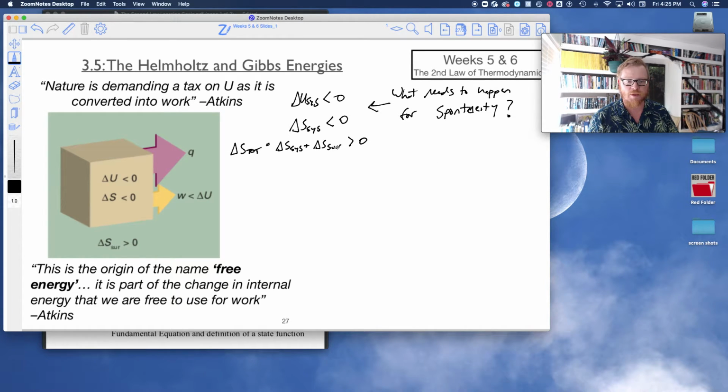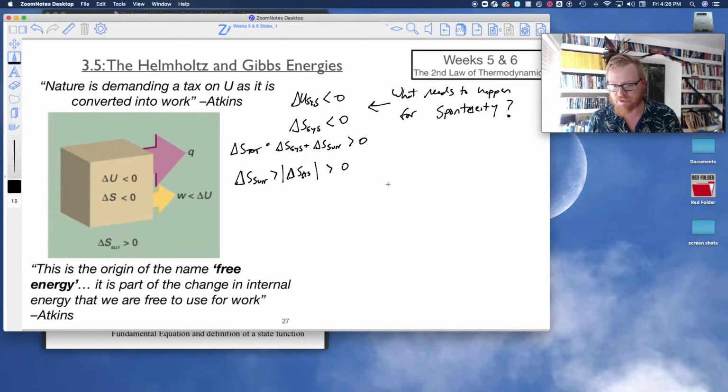So we know right off the bat, if the change in entropy of the system is negative, it can still be spontaneous as long as the change in entropy of the surroundings is greater than the absolute value of the change of the entropy of the system. So in other words, we know that the entropy change of the system is negative, but if I look at the absolute value of that and compare it to the entropy change of the surroundings, and this relationship is true, then I will have a spontaneous process, okay?